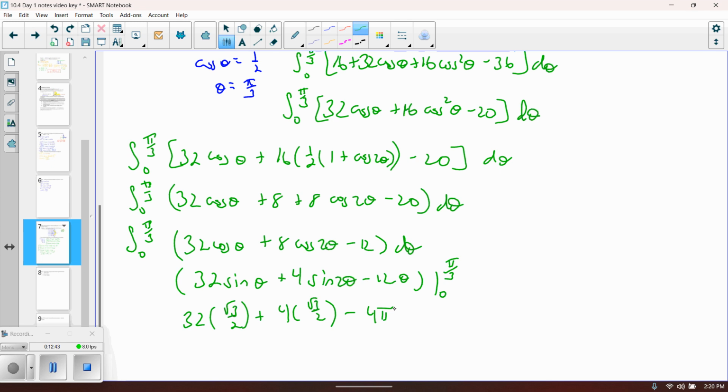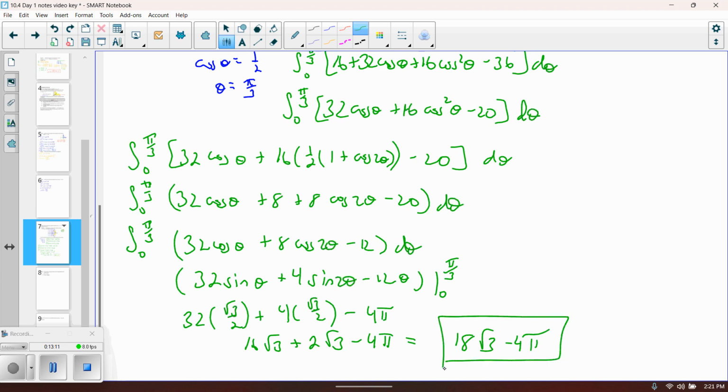The nice thing is plugging in 0 here gives me sine of 0, and 12 times 0. Those are all 0. Those are gone. So we're going to get 32 root 3 over 2, which is 16 root 3, plus 4 root 3 over 2, which is 2 root 3, minus 4 pi, or 18 root 3 minus 4 pi.